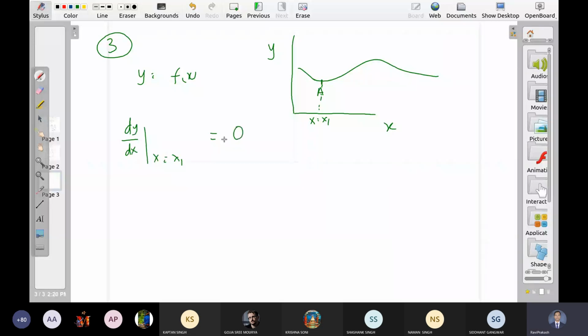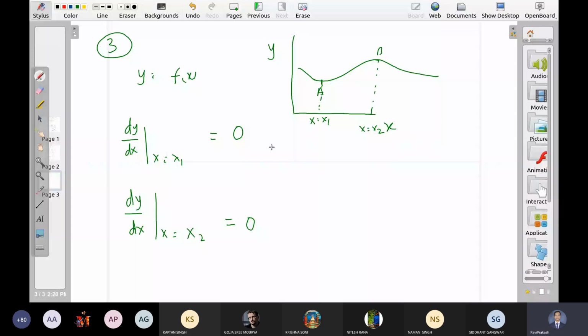And if we calculate dy upon dx here also at this point b, means x is equal to x2, here also it is 0. But you can see from the figure that a is not the highest point, b is the highest point, right?